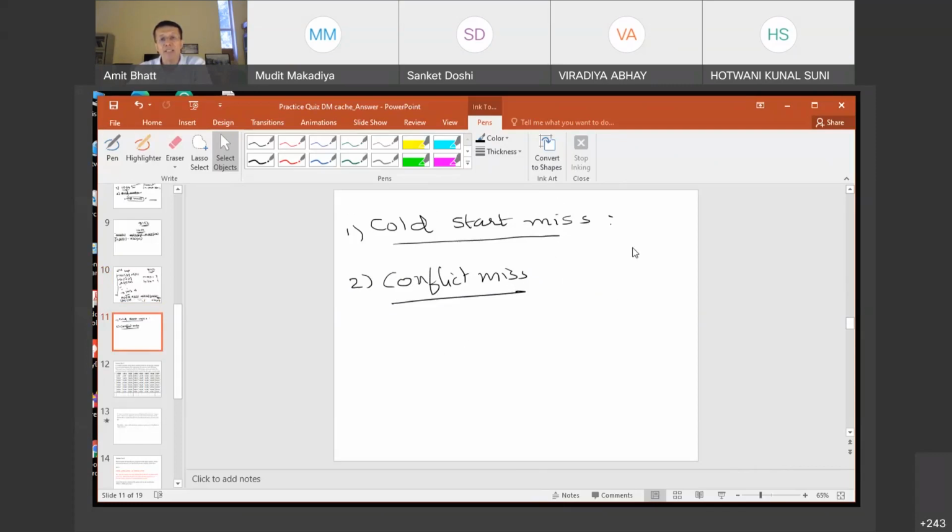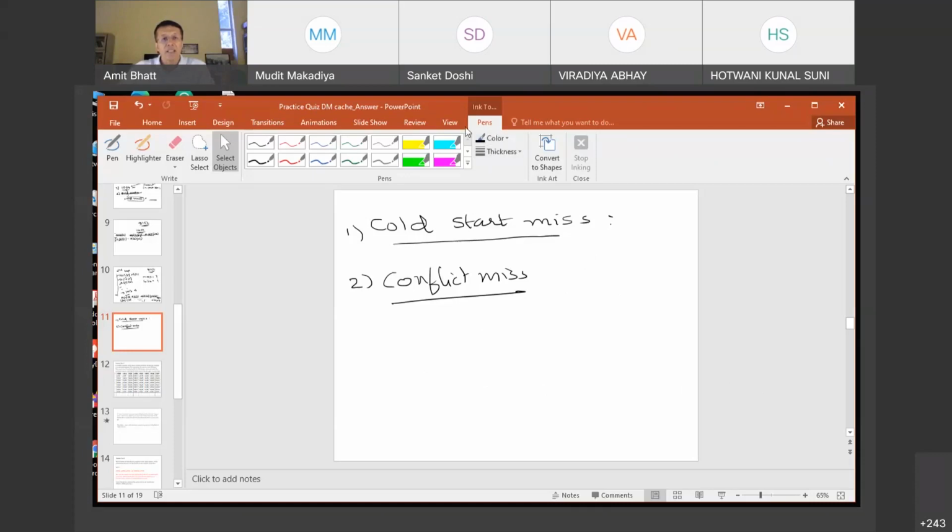I will not call it a cold start miss. Why? Because the block which I want was brought into the cache, but now it has been kicked out by some other block. So there was a conflict and the block which I needed was thrown out.